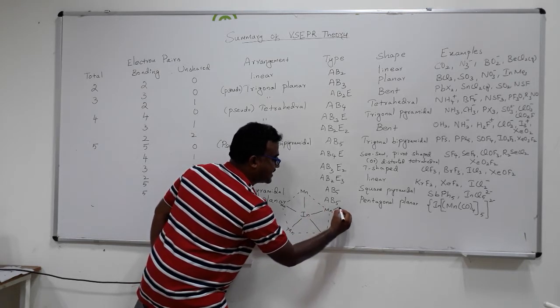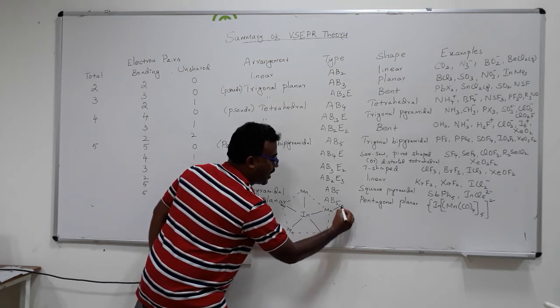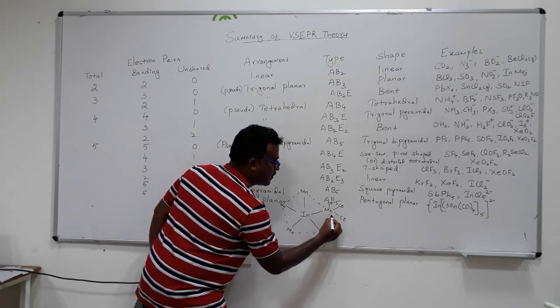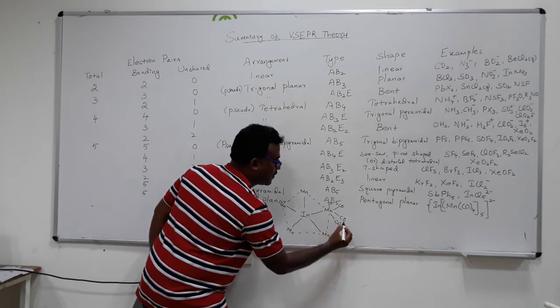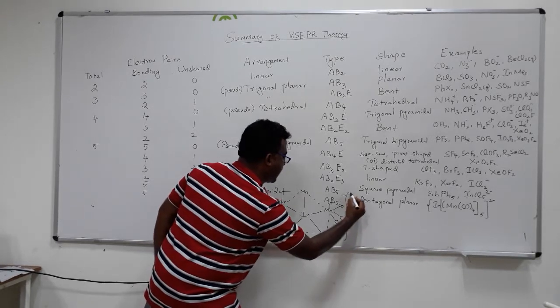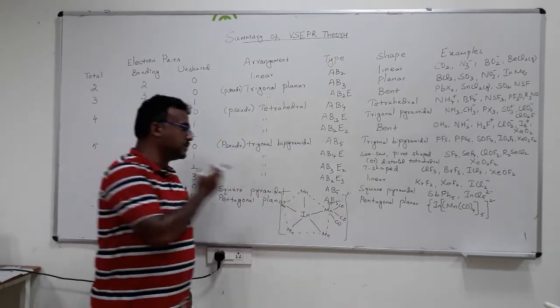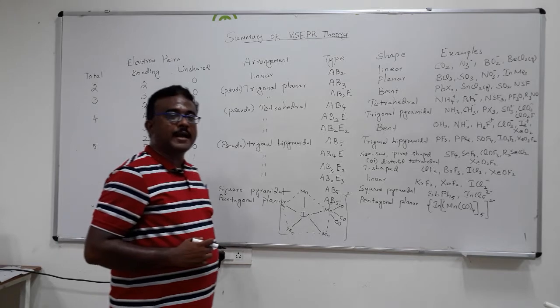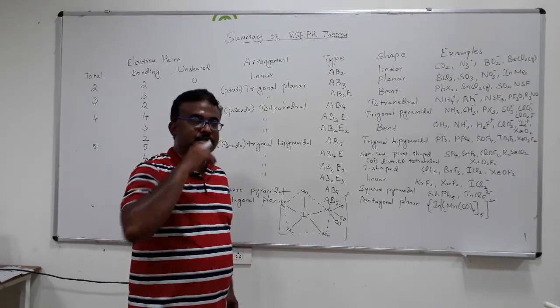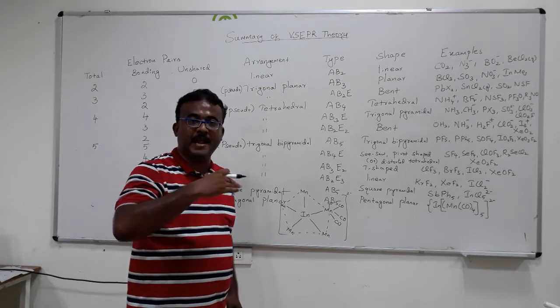Each manganese has 4 carbon monoxide. The overall charge is 2 minus. So don't confuse this one with the pentagonal pyramidal.